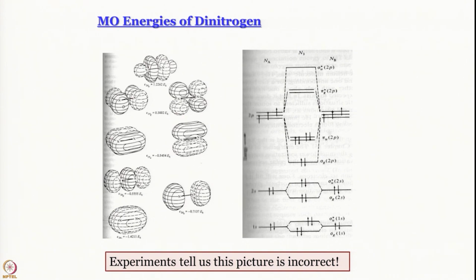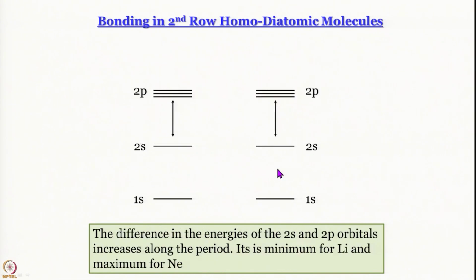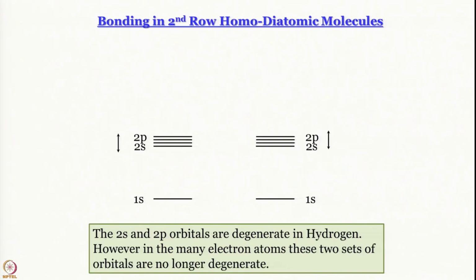We need a different model, and this different model is built keeping in mind that not all elements in the second row have to behave in the same way. So, we start from the situation of hydrogen. In hydrogen 2s and 2p orbitals are degenerate, right. Now, in a many electron atom we said they are different, but is it a 0-1 situation or is it gradual?